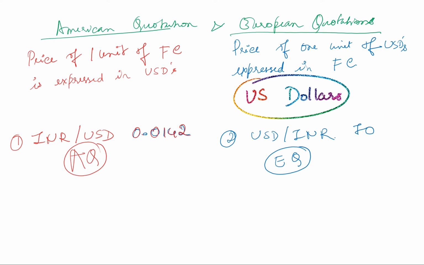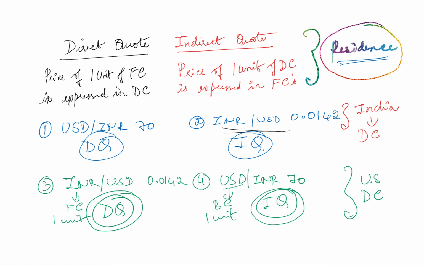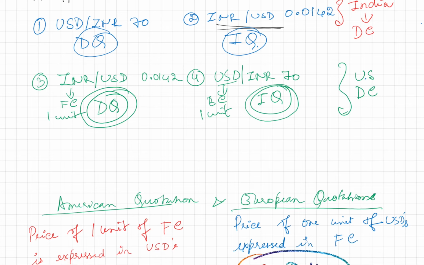When we were discussing a direct rate and indirect rate, we had seen that an indirect quote for India in the second equation becomes a direct quote for US in the third equation.